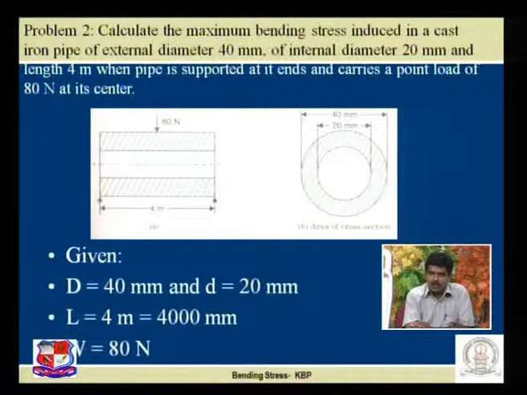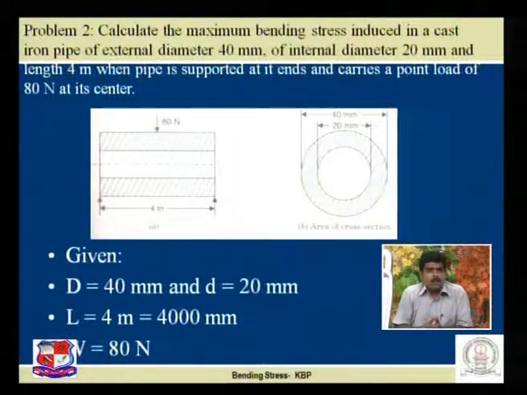Now, from the given data, it is clear that we have the capital D, small d, length and point load W. This much has been given to us. The question is asking about F max.